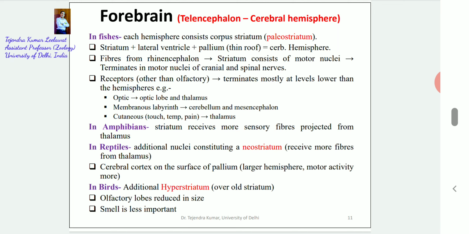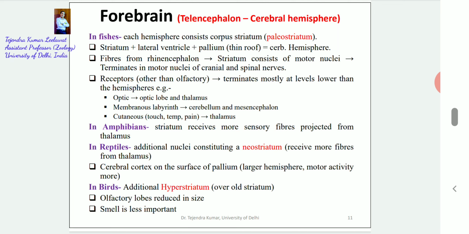So I mentioned it here in red marks so that you can understand how it changes from one taxon to another. In Pisces, the striatum was of paleostriatum type, and this striatum contains some fibers coming from the rhinencephalon, and they send signals to the striatum.